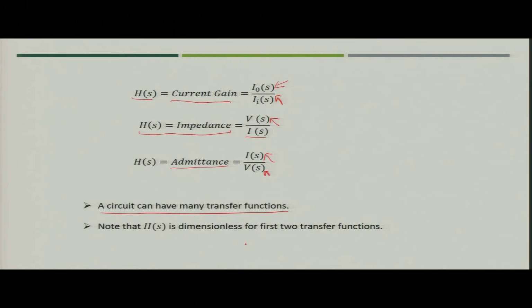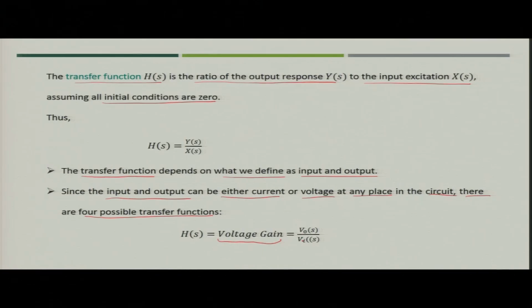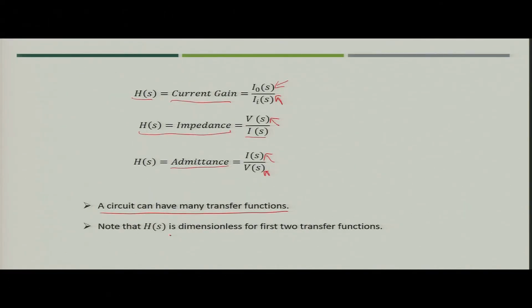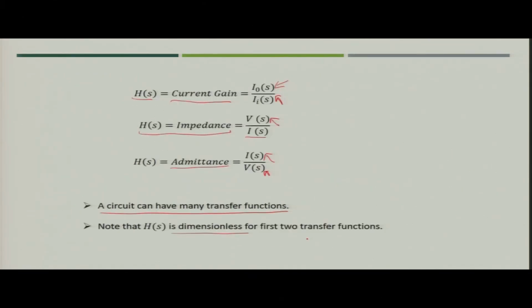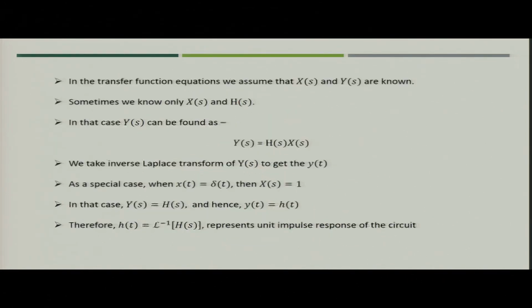Now, if you see the first two transfer functions, that is voltage gain and the current gain, these are dimensionless because the output and input quantities are the same. So, for these two cases the transfer function will be dimensionless.